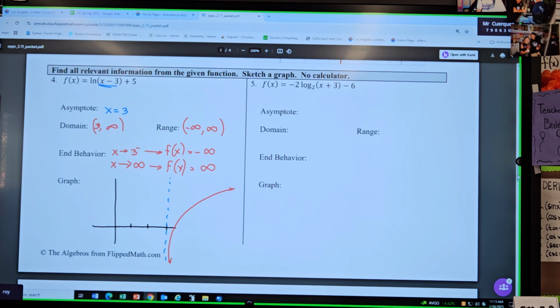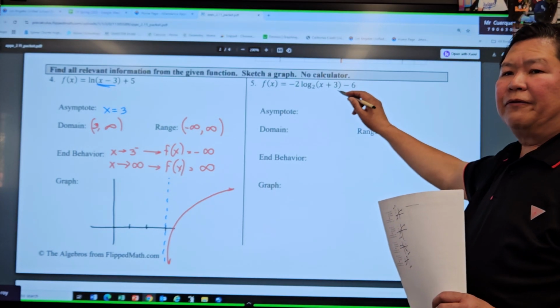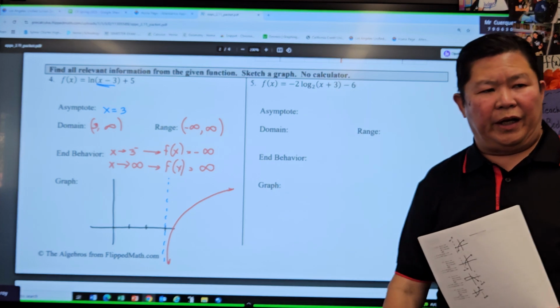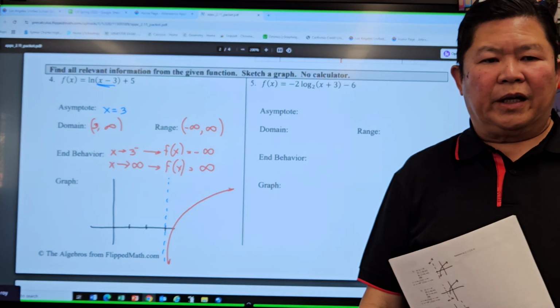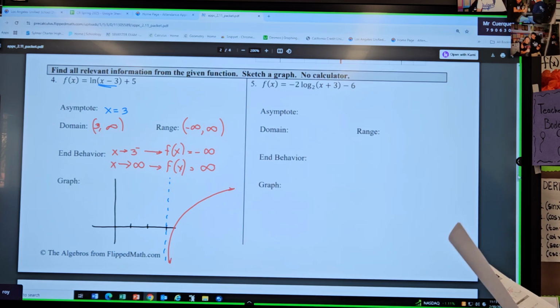Now, before we do number 5, I want you to graph this number 5 first in Desmos. Can you graph number 5 now? Negative 2 log base 2 of x plus 3, minus 6.